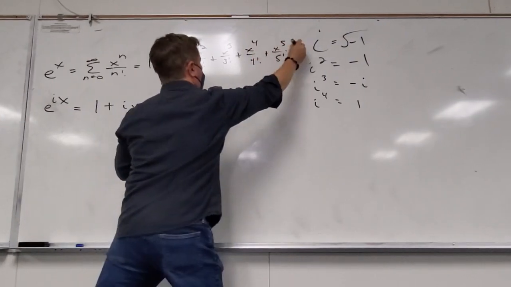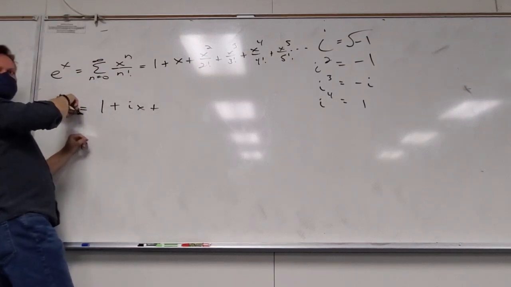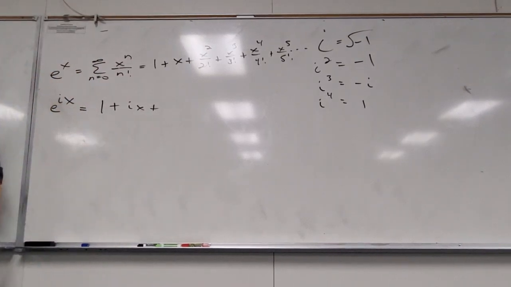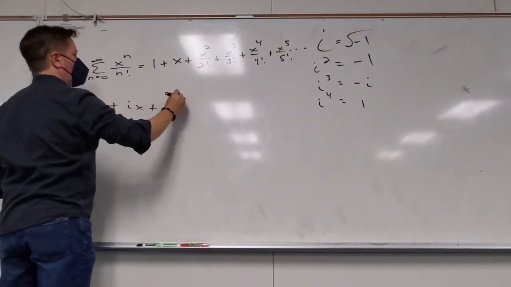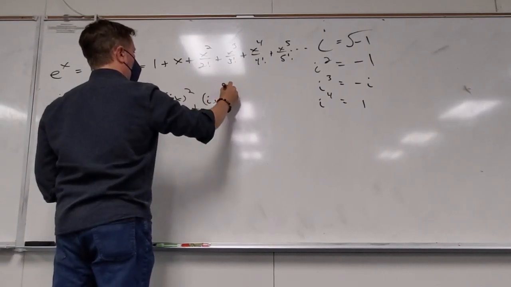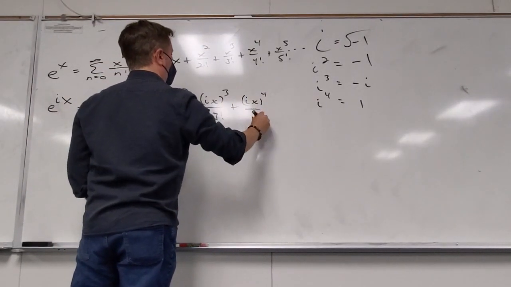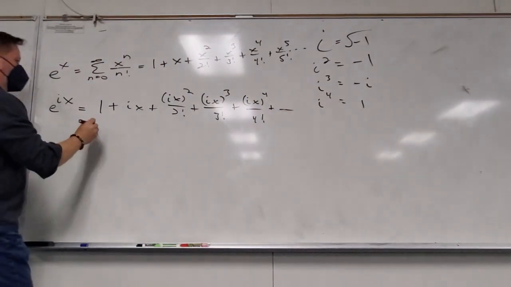What's e to the ix? First step is mindless. Whatever is there, just put it in. So wherever I see an x, I'm going to put an ix instead, because that's now my input. 1 plus ix plus ix squared over 2 factorial, plus ix cubed over 3 factorial, plus ix to the 4th over 4 factorial.